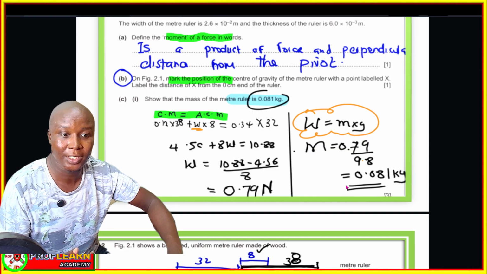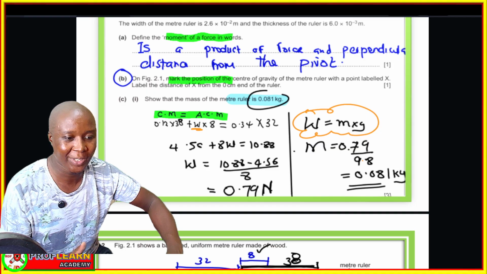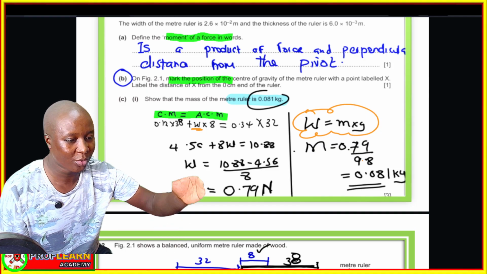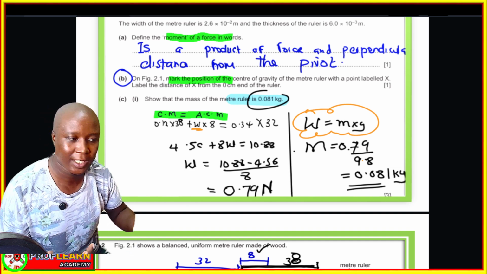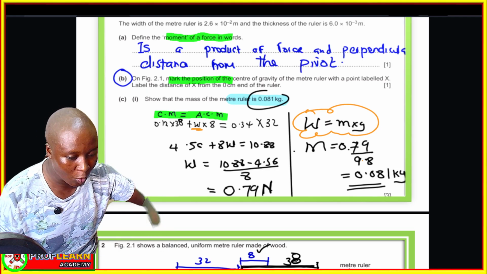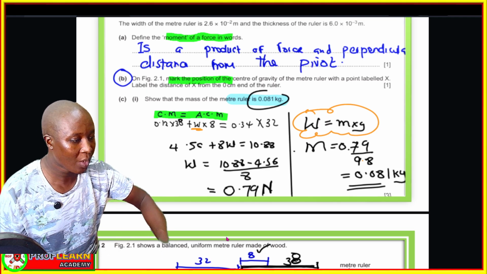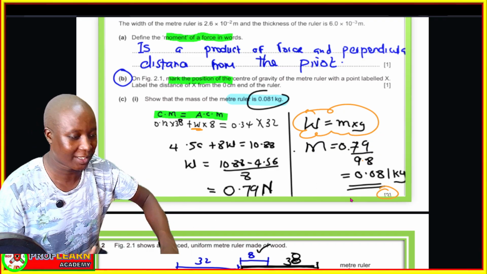Gravity is 9.8. So you are supposed to do that, and you get your answer being equivalent to this value that we have here, 0.081 kg. You get that, and then you earn a whooping 3 marks to take you to the next grade.